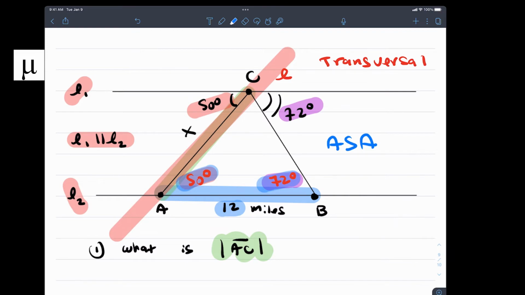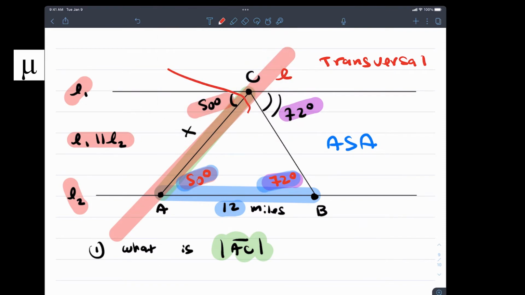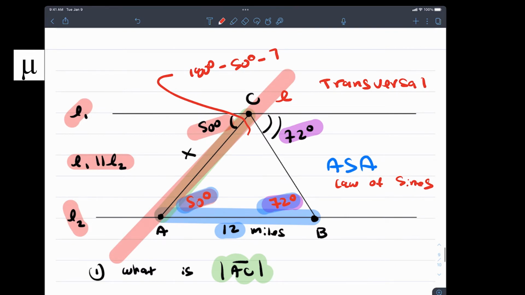So what's the first thing you do for angle, side, angle? You get the third angle. Because this is law of sines when we have angle, side, angle. So you have 180 minus 50 minus 72 degrees.